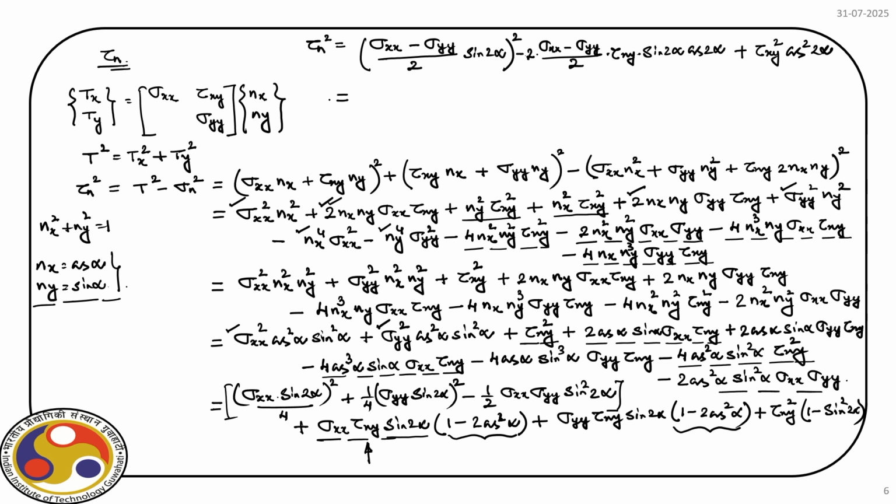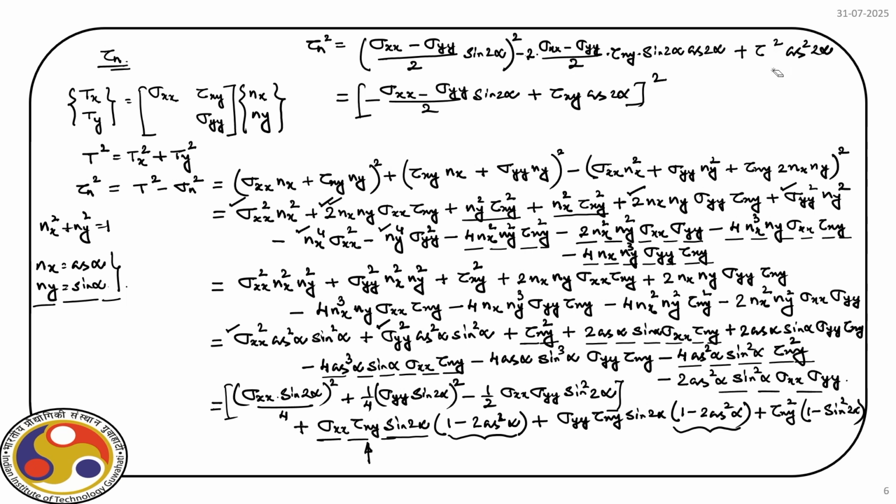Then we can further simplify this expression, which is (sigma xx minus sigma yy)/2 sine of 2 alpha. Actually, this is a square minus 2ab plus b square. So, it is a minus b or b minus a. Let us write either way: a minus b or b minus a whole square. So, this is the square of this third bracketed term, right.